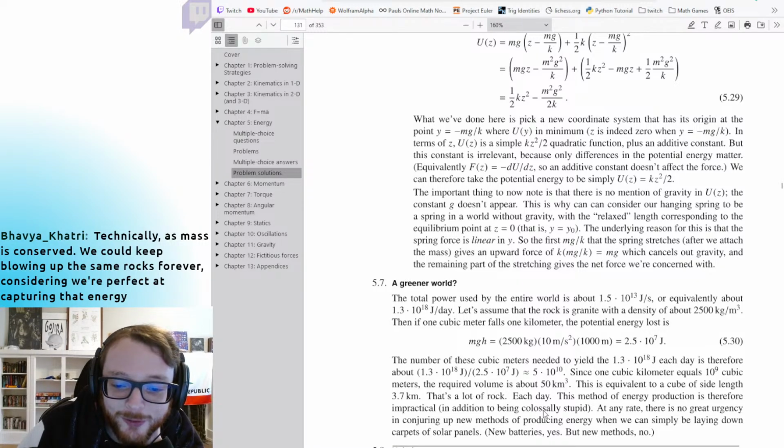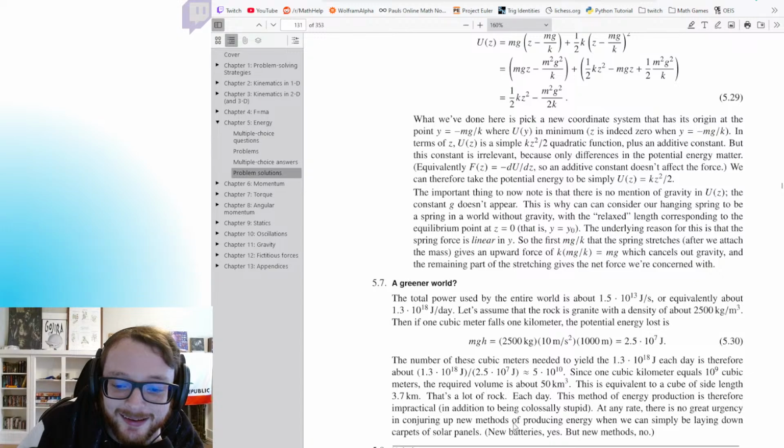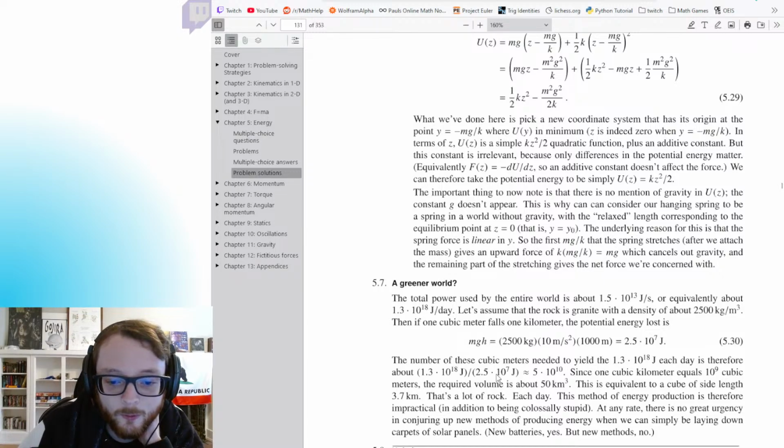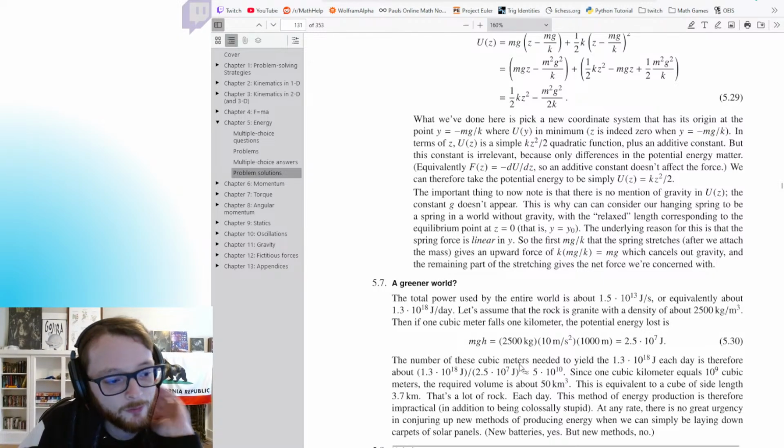This is being colossally stupid. Wait, 1 cubic kilometer. 50 kilometers cubed. Oh, okay, so I'm not too far off because I have 10 to the 10 cubic meters. So I may be like 10 cubic kilometers or something. We just started with different numbers, but I think we did the same method, and that's the only thing I cared about.